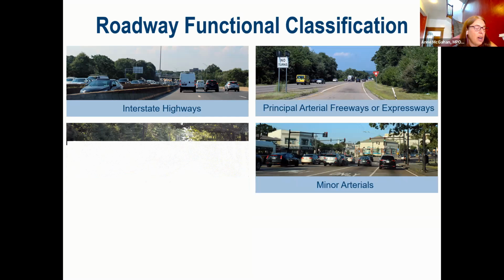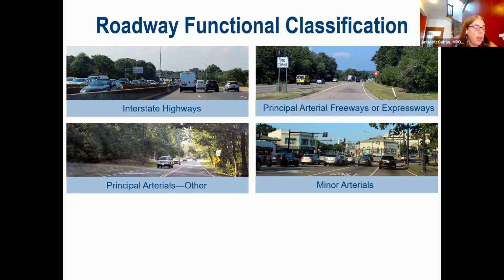So the lower level classes of roadways include minor arterials, which provide service for trips of moderate length, serve geographic areas that are smaller than their higher arterial counterparts, and offer connectivity to the higher arterial system. They interconnect and augment the higher arterial system, provide intra-community continuity, and may carry local bus routes.